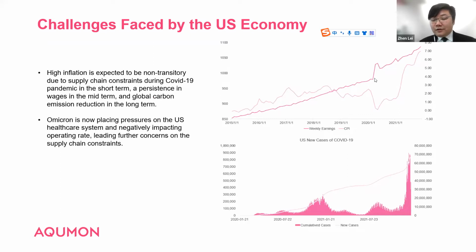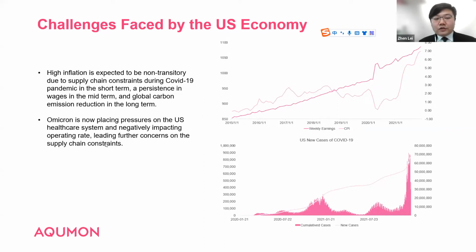We can see that the weekly earnings here, the dark line, went up significantly after the outbreak of COVID-19, and it is positively correlated to the inflation, to the CPI, and it can be a persistence factor for high inflation in the midterm.